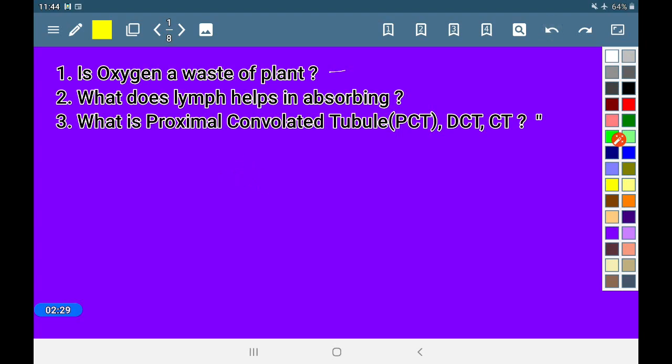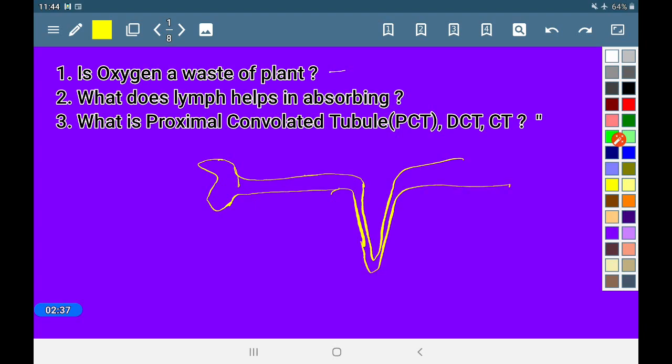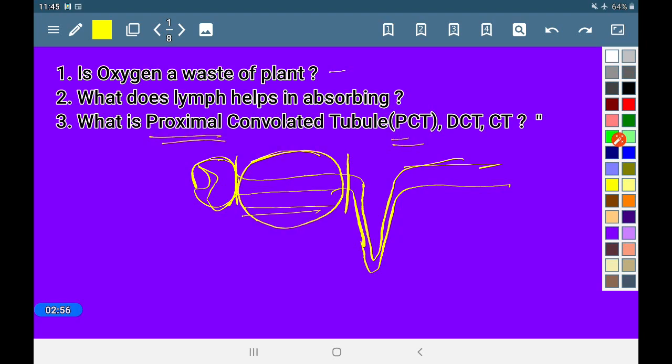Now if I draw the nephron, see this area is the front part, near the glomerulus. This is the proximal part, which means the front part.